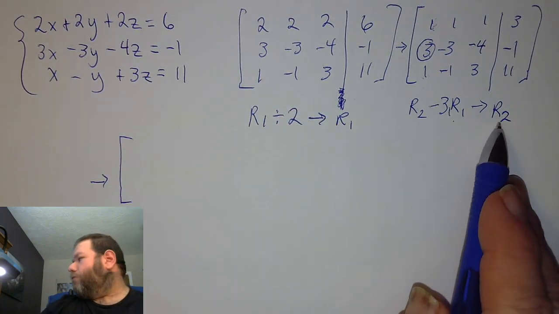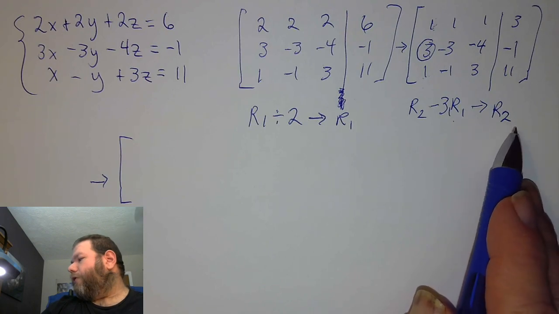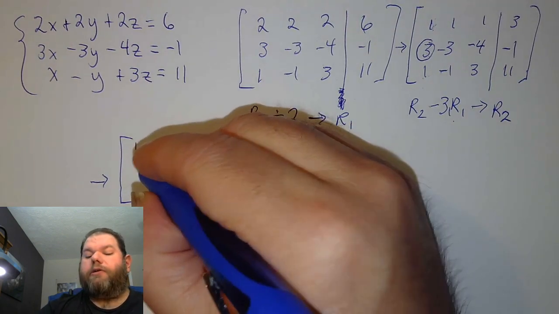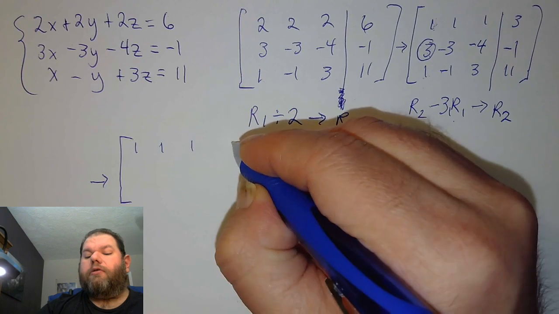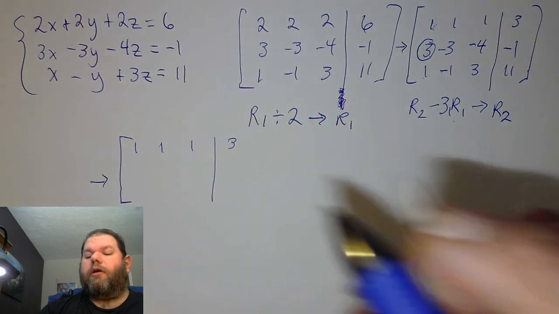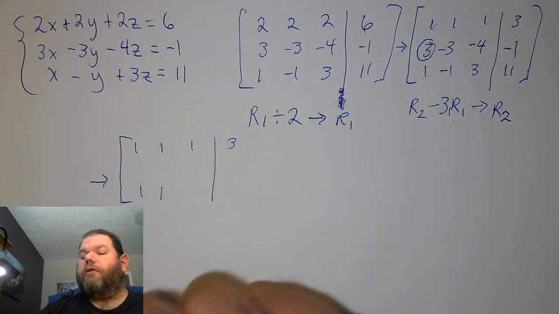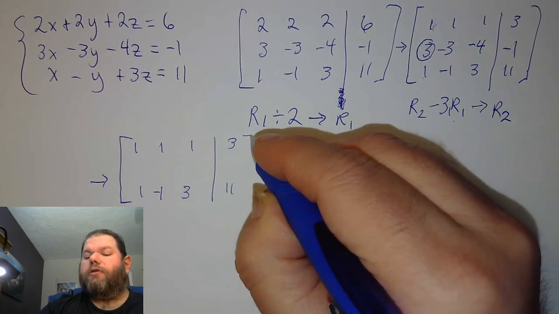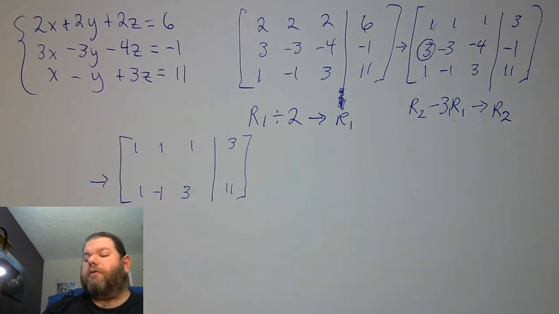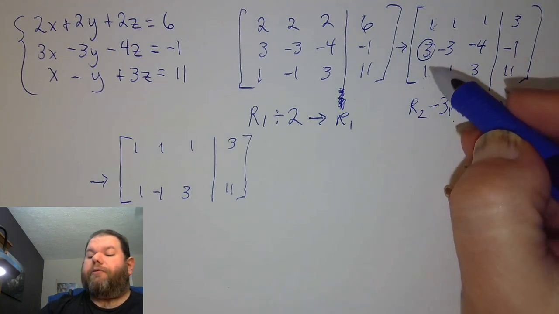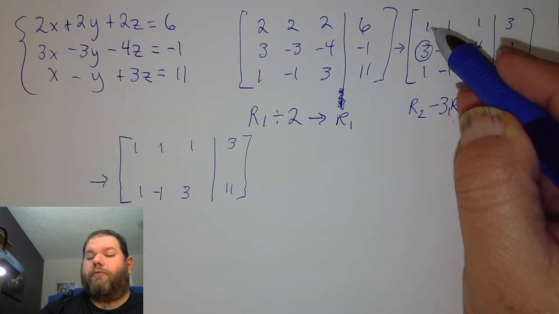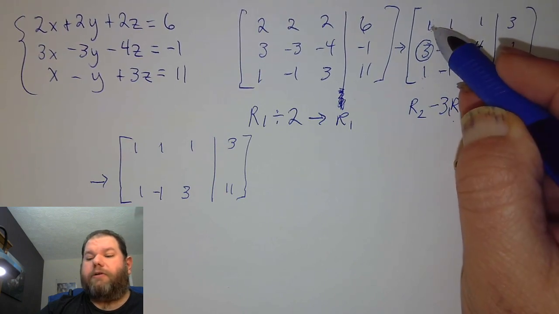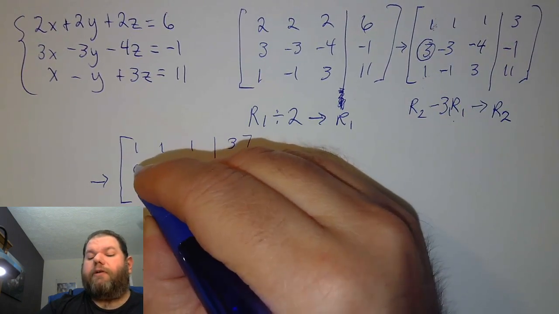Now, we're only working with row 2 here. So row 1 and row 3 are unchanged. Now we took row 2 minus 3 times row 1, so 3 minus 3 times 1, 3 minus 3, 0.